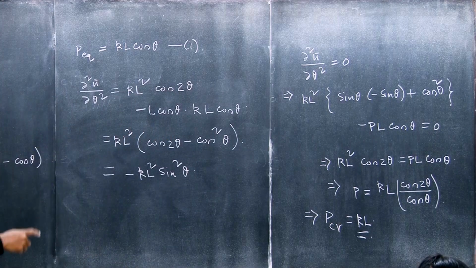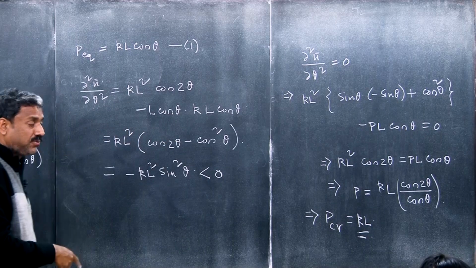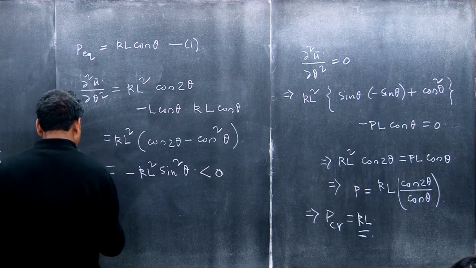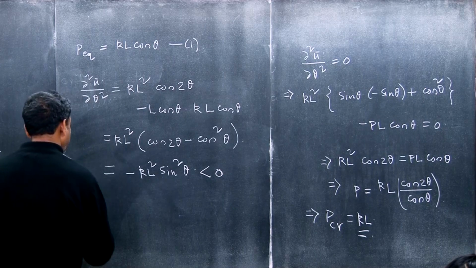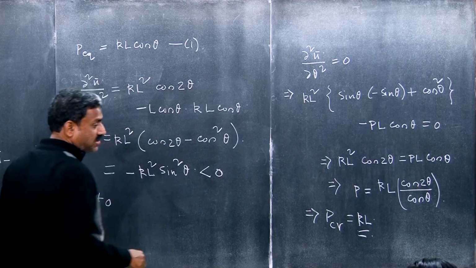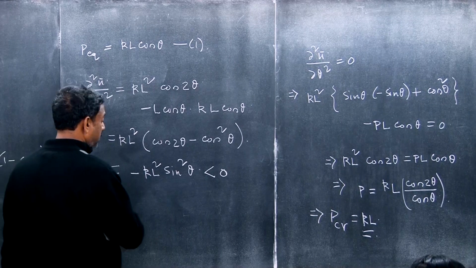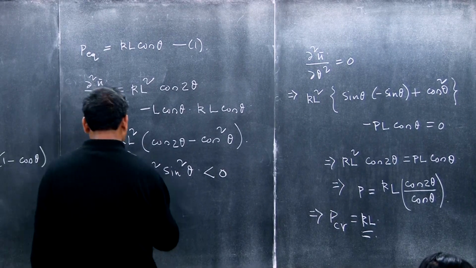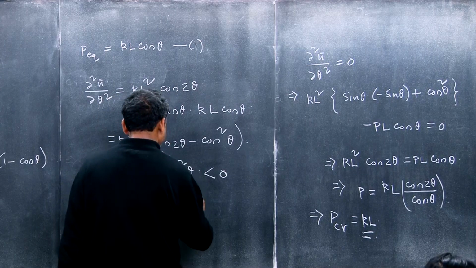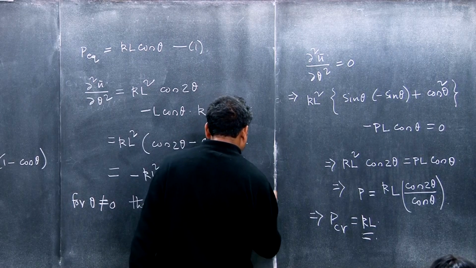So, what we see, del 2 pi del theta 2 is always less than 0, that means it is always unstable. For theta not equal to 0, for any perturbed configuration, it is always unstable. So, the post critical path is unstable.